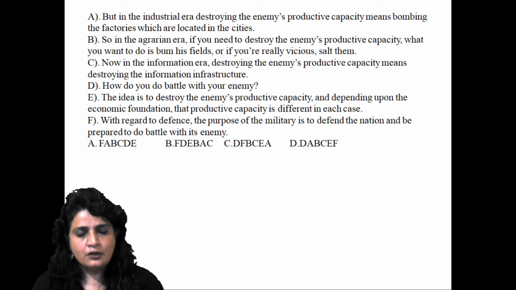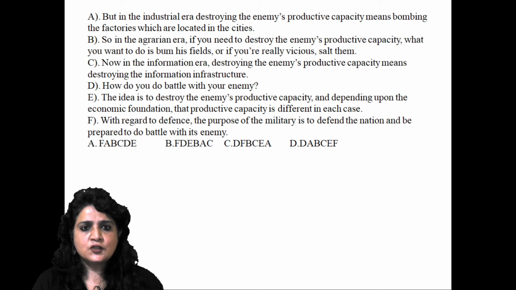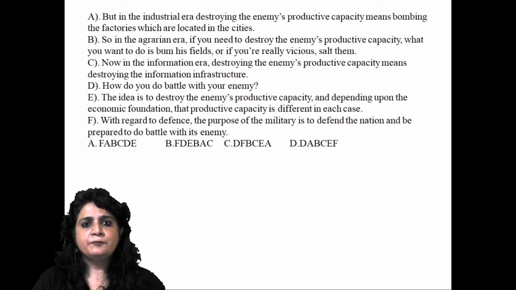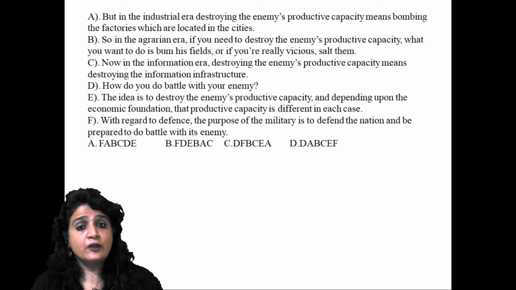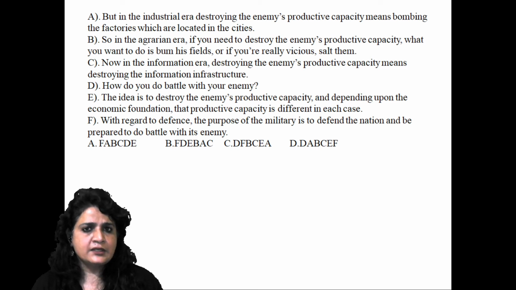B is not the opening statement, but you see, 'so in the agrarian era.' Again, a very specific detail. C says 'now in the information era.' So other than solving this question, we are also developing our understanding of paragraph formation, how a standard paragraph should be drafted. So these are very specific details. One is talking about industrial era, information era, and agrarian era.